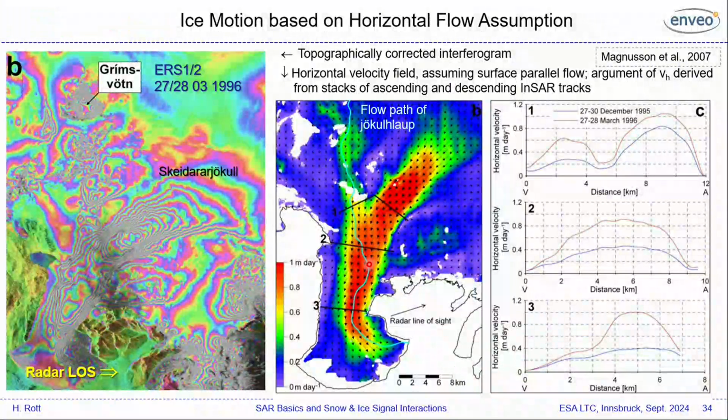This was a flow path of the water outbreak, and these are this cross section. It's interesting that the water outbreak started to go ahead around 25 March, and this was on 27 December, the blue curve, and you can see there on 27, 28 March was already a significant acceleration.